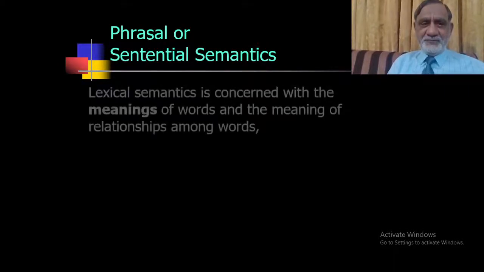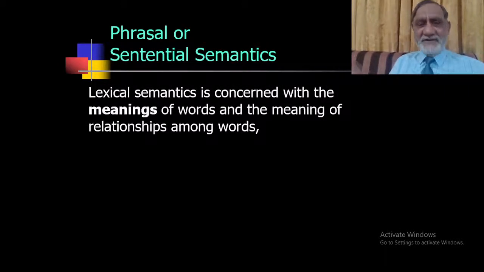Now, the second area of semantics is phrasal or sentential semantics. Lexical semantics, which we have just discussed, was the first area. Lexical semantics is connected with the meaning of words and the meanings of relationship among words.